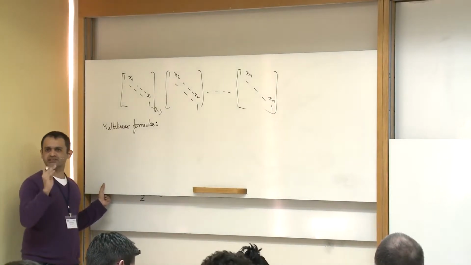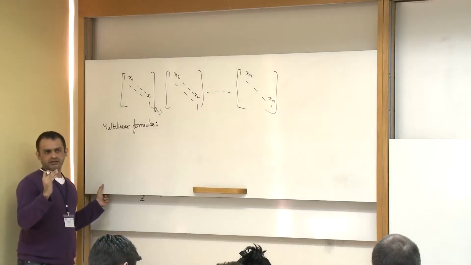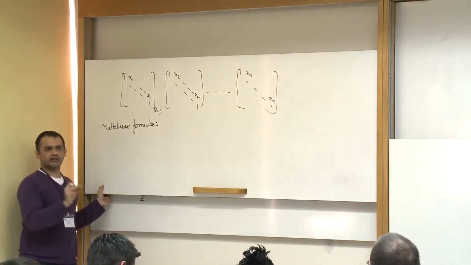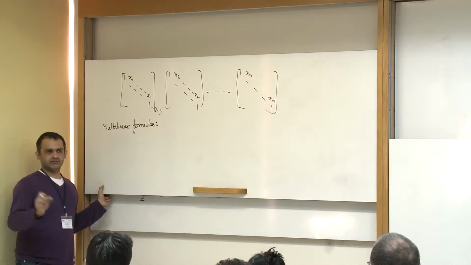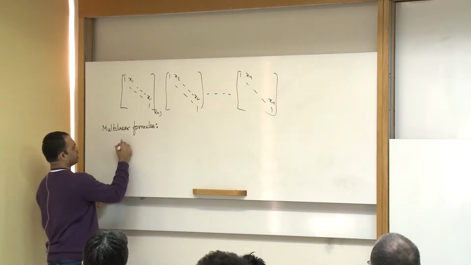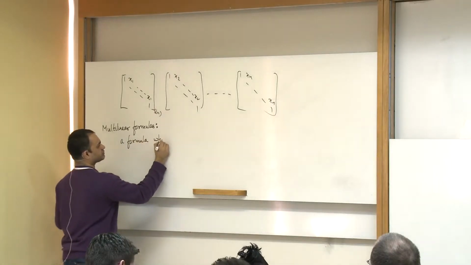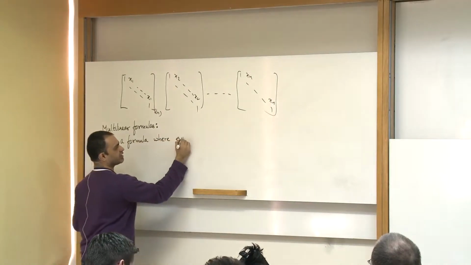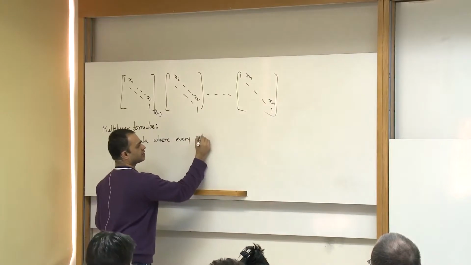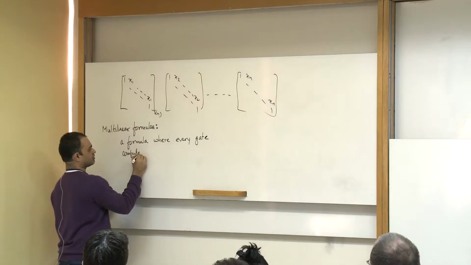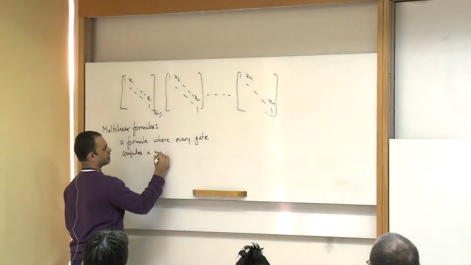So there are no xi squared sort of terms. And just like we define homogeneous formula to be one where every gate computes a homogeneous polynomial, we'll define a multilinear formula to be a formula where every gate computes a multilinear polynomial.